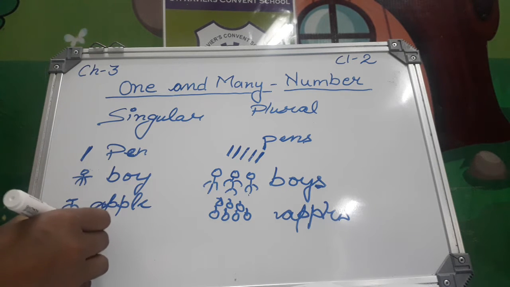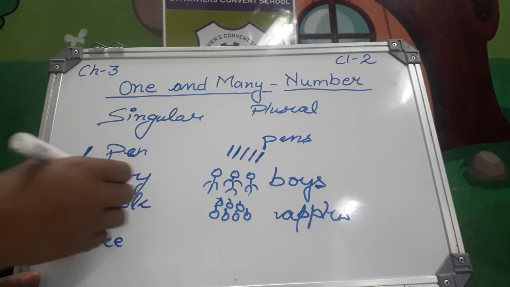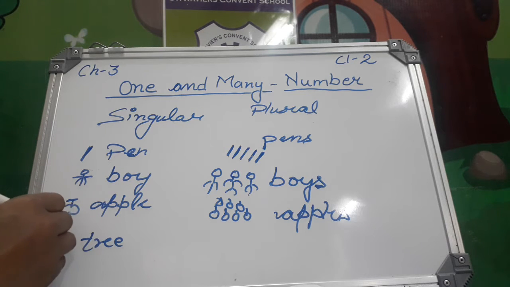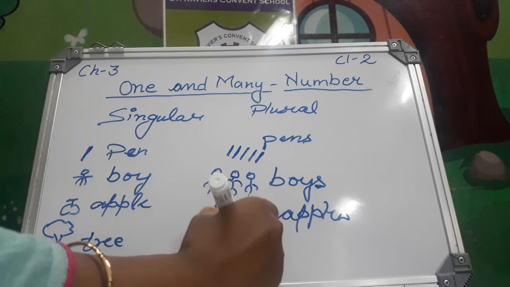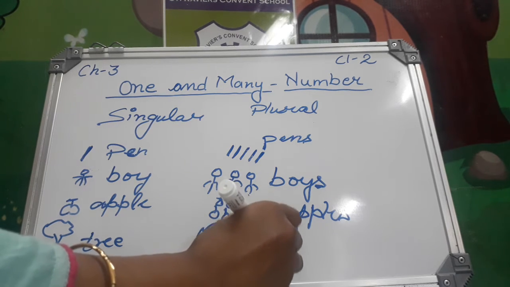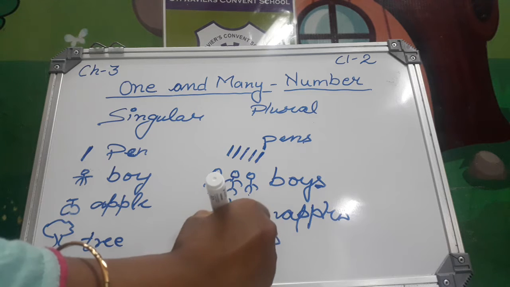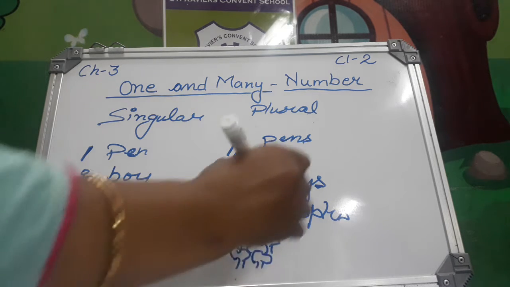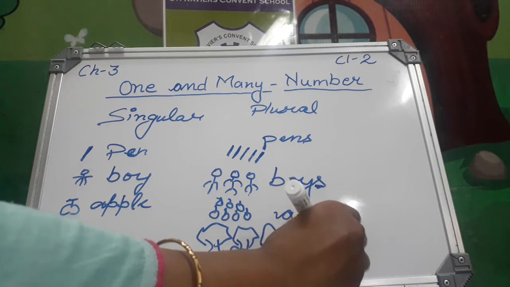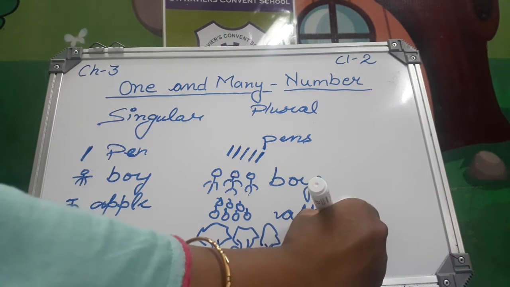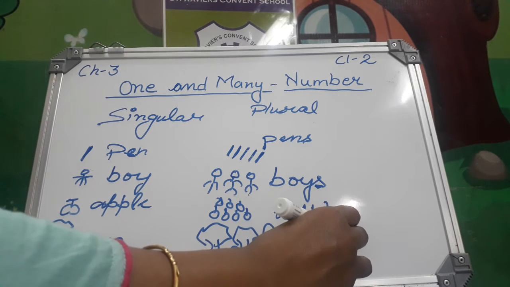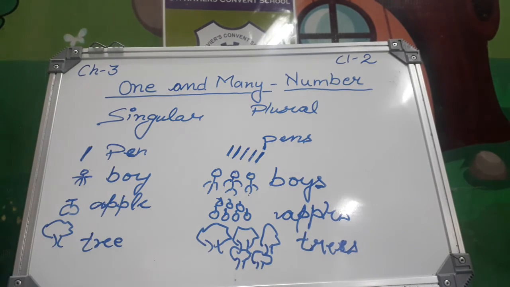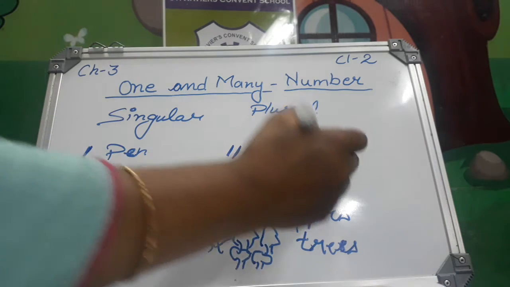Tree means a single tree, one tree. If I say trees, that means there are a lot of trees and it is a plural noun. Generally to make singular into plural, we add only s.